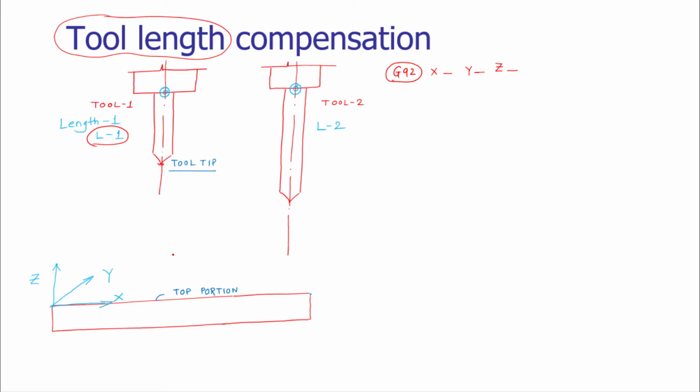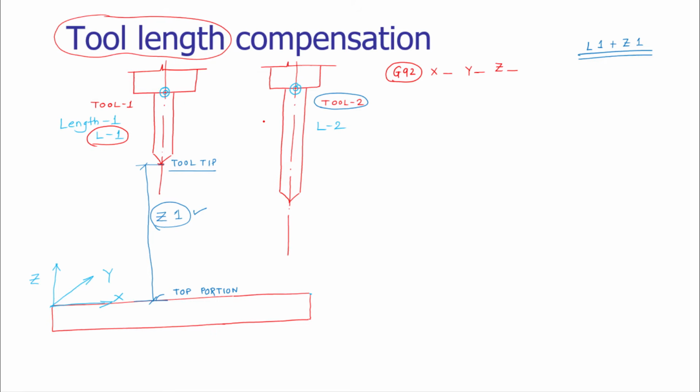So to take the tool tip to the top portion, the tool tip travels a distance of Z1 in negative z direction. The distance of the machine 0 point is the length L1 plus Z1 from the top portion. But consider that, by using the command M06, we are trying to use tool number 2.